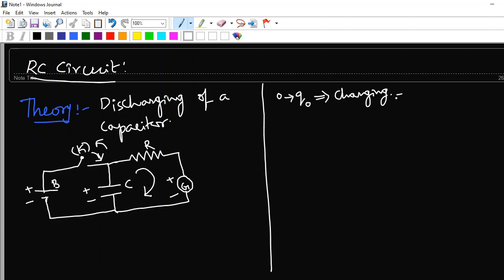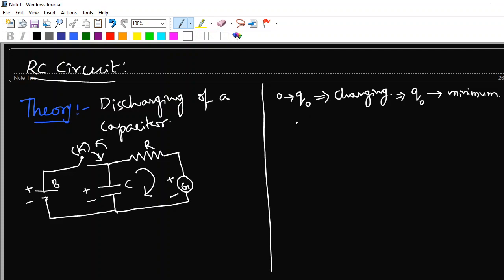That means during discharging, the charge is going to decrease from the maximum value which is already present, that is Q0, to some minimum value.